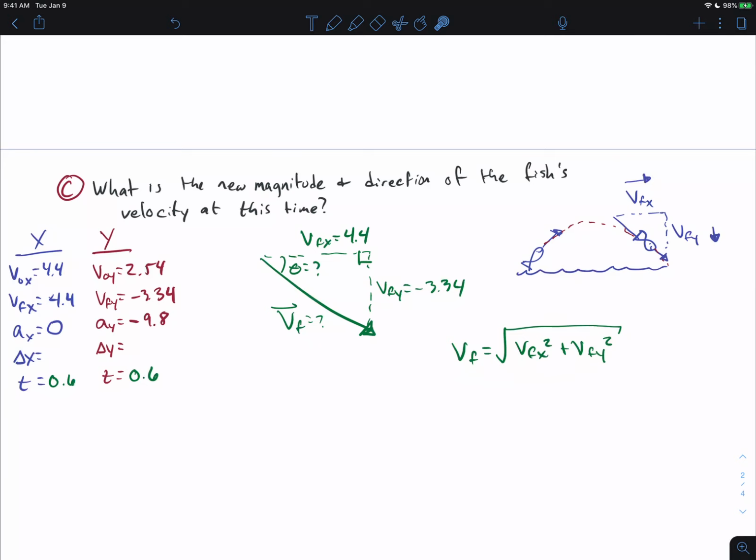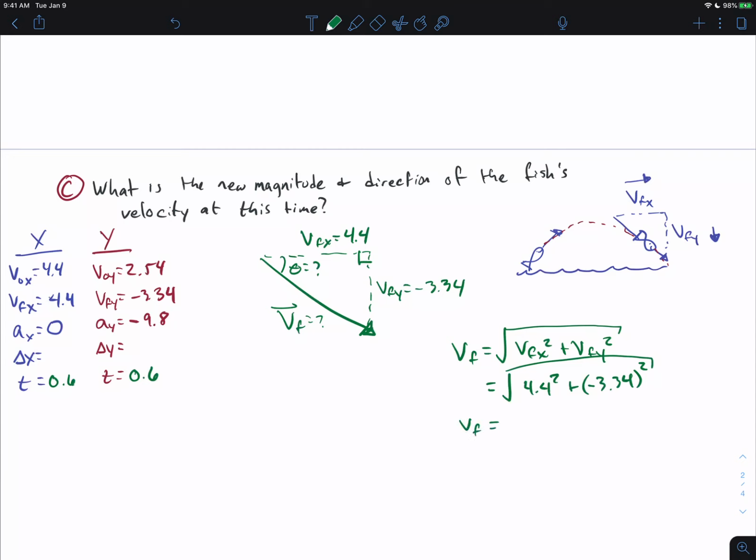But this is what it'll look like for us to find our final velocity. So we'll go ahead and plug in our values here. This will be 4.4 squared plus a negative 3.34 squared. Make sure if you're doing this in a calculator, you keep that negative in a parentheses.